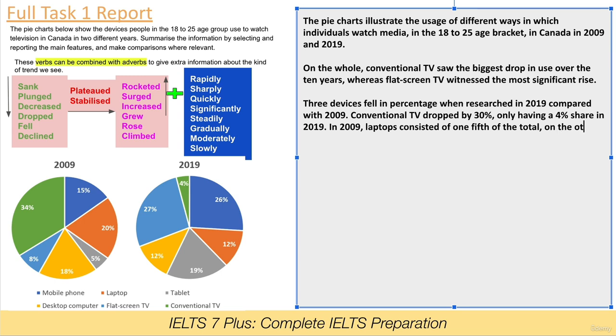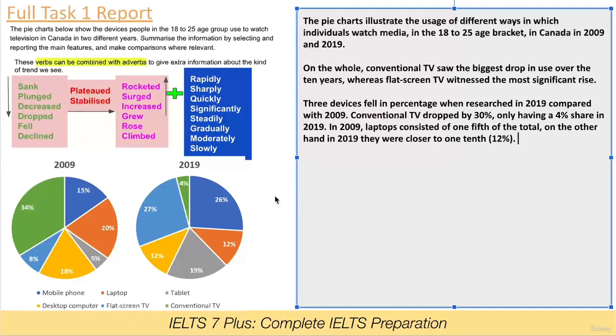On the other hand, in 2019, they were closer to 1/10. And then brackets, I like a bracket, 12%. So we're just creating variety in the way that we're relaying the information.